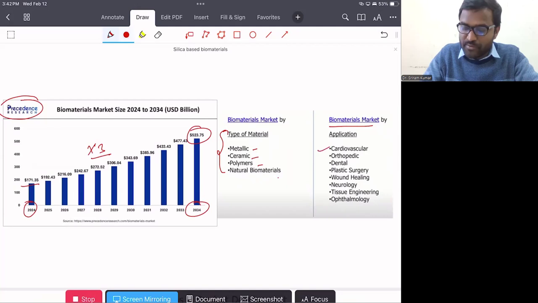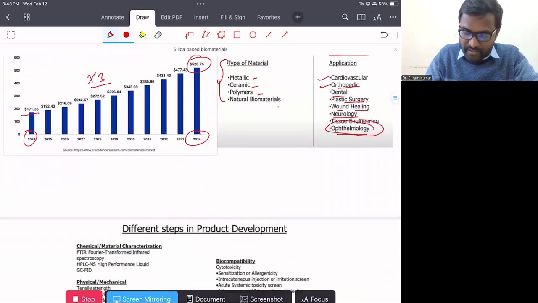Biomaterials can be used predominantly in cardiovascular disease, orthopedic, dental, plastic surgery, wound healing, neurology, tissue engineering, and ophthalmology. This is the terminology used for eye diseases or eye disorders, where doctors use the materials for the treatment of these kinds of diseases. So these are all about the market size of biomaterials in the next 10 years.